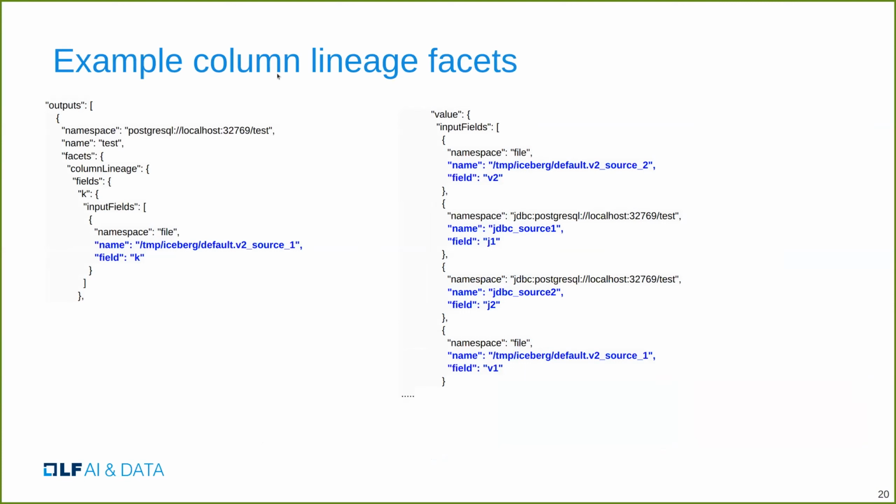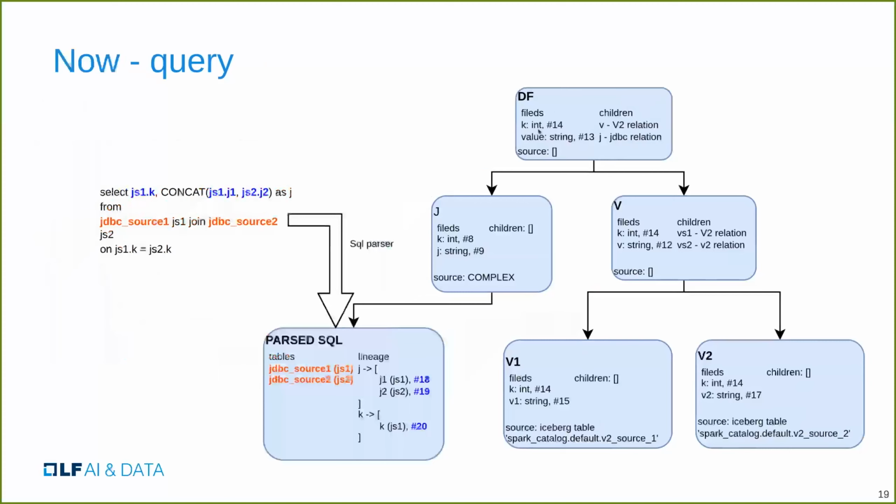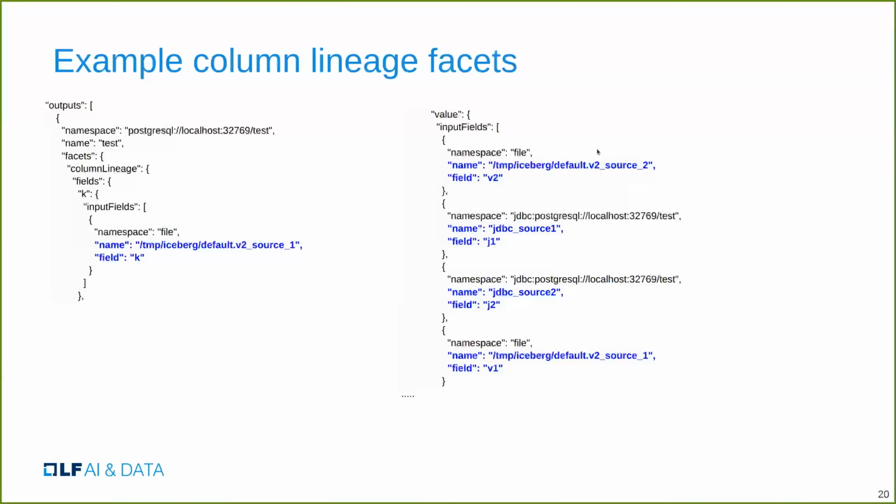Here we have an example generated by one of the integration tests. We see the lineage information about the final field k, which is defined here as number 14, and that comes from the Iceberg table. For the value field, we have 4 fields as lineage, which corresponds very well to the actual situation here.